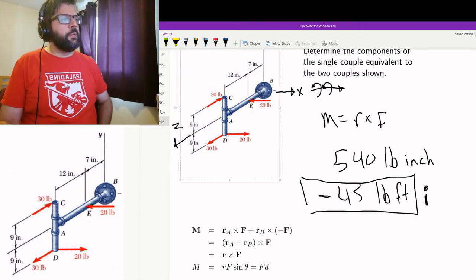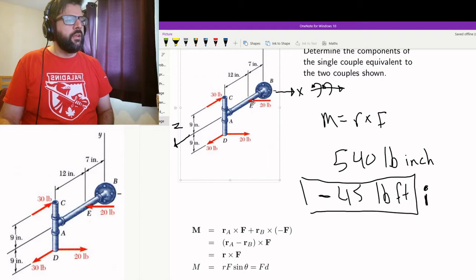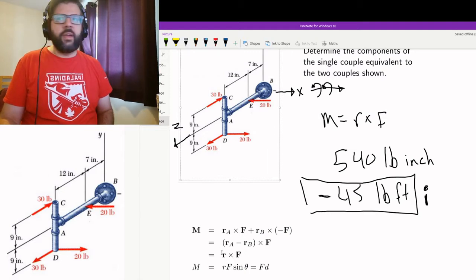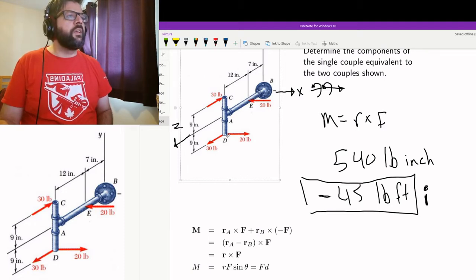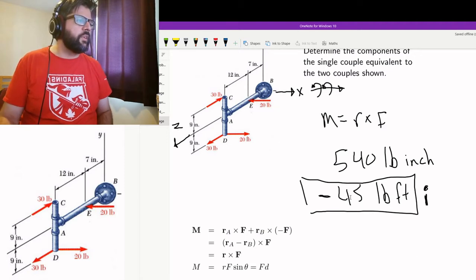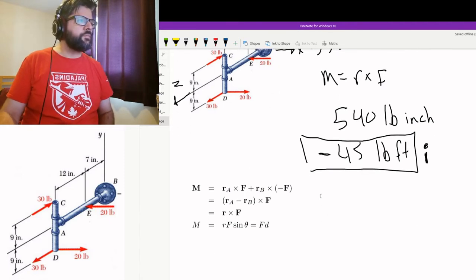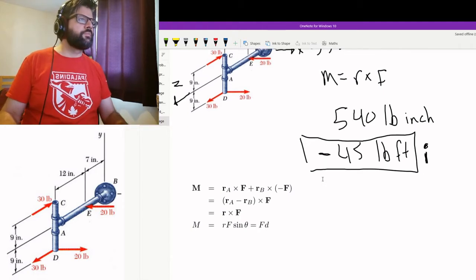So essentially, we can define the vector from D to E as our R here, and cross that with our force vector at E. Or we could do the other way around. We could define the vector from E to D and cross it with the vector at D. Either way works. Let's do the latter. That's relatively simple.